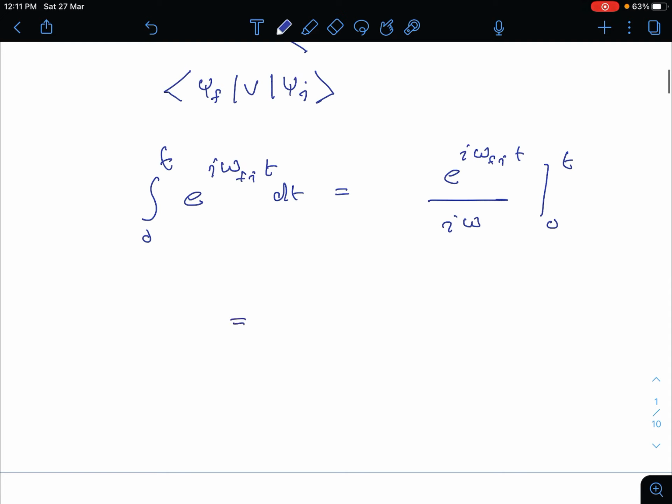So that is equal to e raised to i omega fi t minus 1, when you put 0 it's 1, divided by i omega fi, square. That's what we are bothered about.